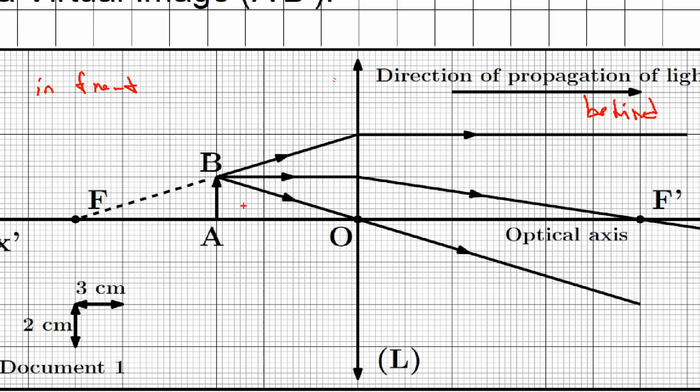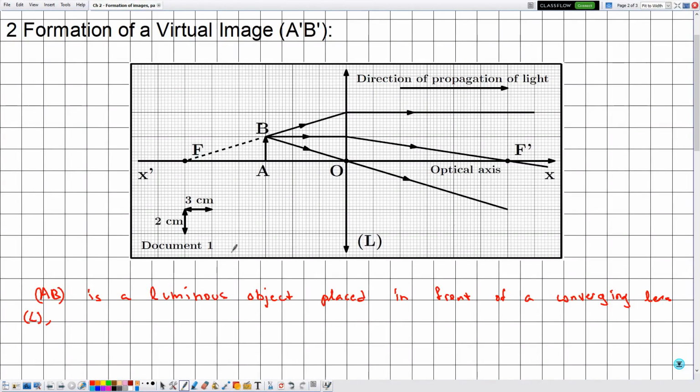We have that AB is a luminous object placed in front of the lens. It's perpendicular to the optical axis at the point A.